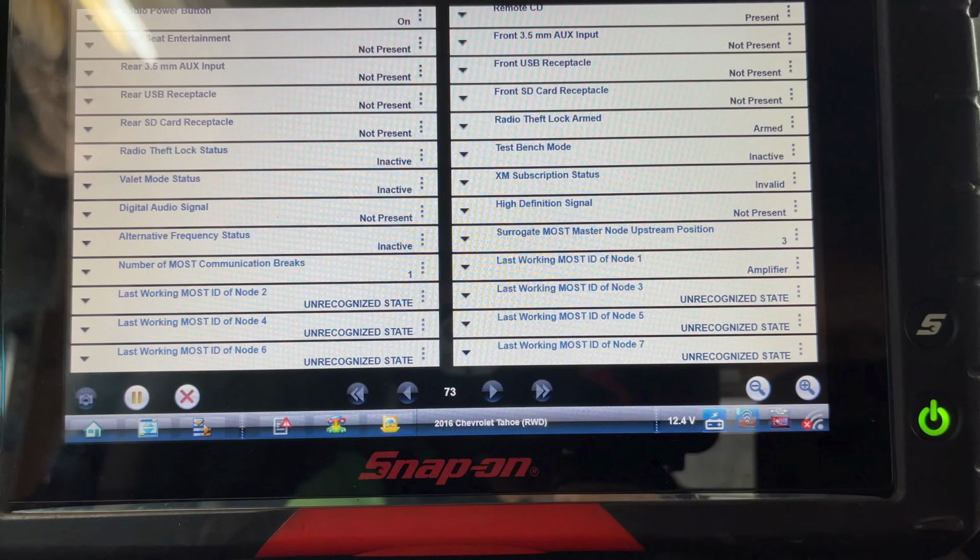But like I said, the more important thing is the last position. Right here is showing upstream position number 3. So what this is showing is that it can see 3 modules on the bus. There's the media, the amplifier, and the cluster all on the bus.